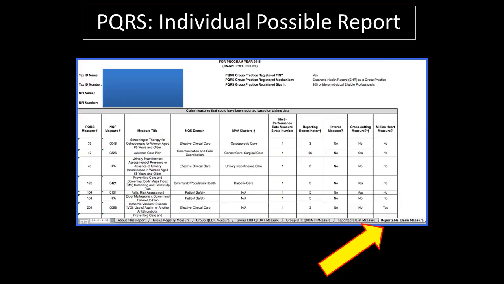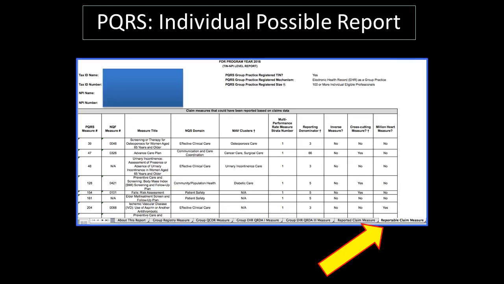So for an organization that is determining what to report on a specific year, important feedback comes back to CMS that will tell the organization for each provider what claims data were available for an individual provider.